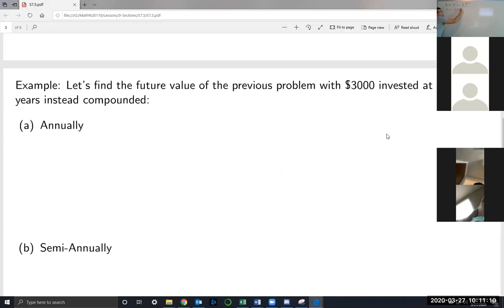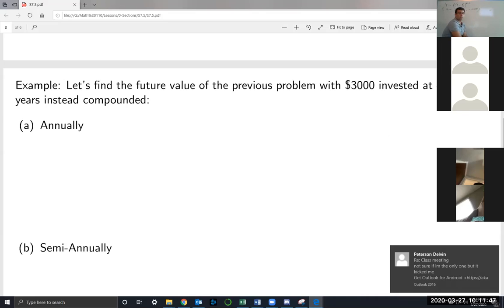R is 4.5. And then 4 is N, right? N is going to be one of the things we're looking for. What is N? Is it 4? For annually. No, 12, right? No. So would it be 1? It's 1, exactly.